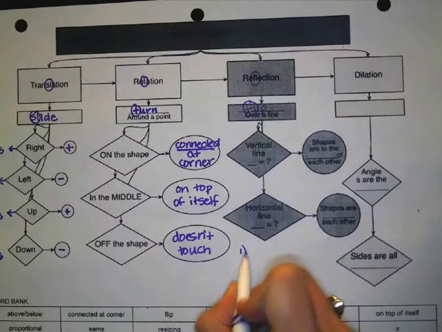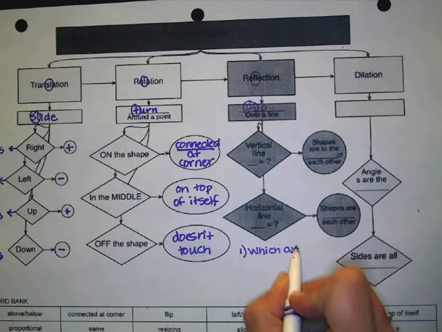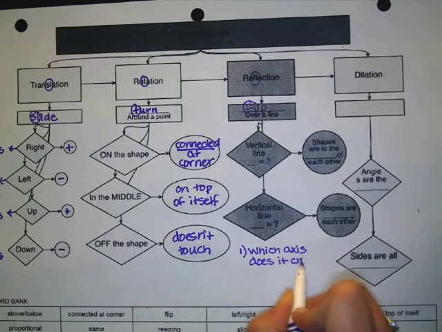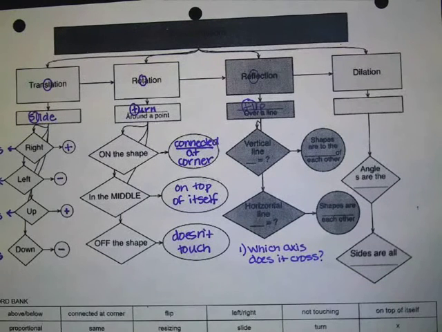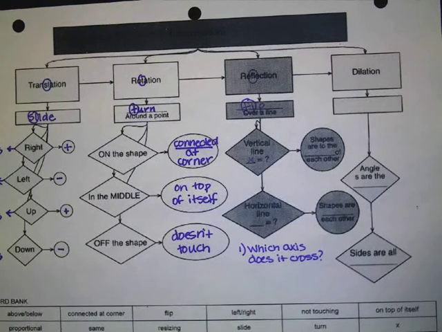Let's go ahead and put that down here. Which axis does it cross? If you can't remember whether it's X or Y, ask yourself that question. A vertical line will always cross through which axis? The X. That's how we know it's going to be x equals.